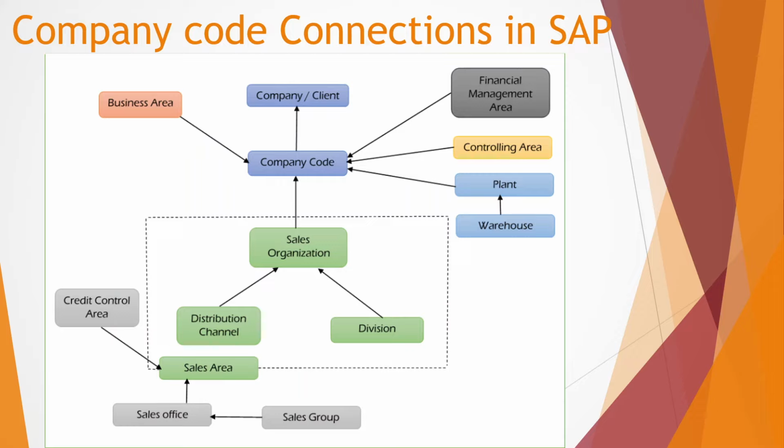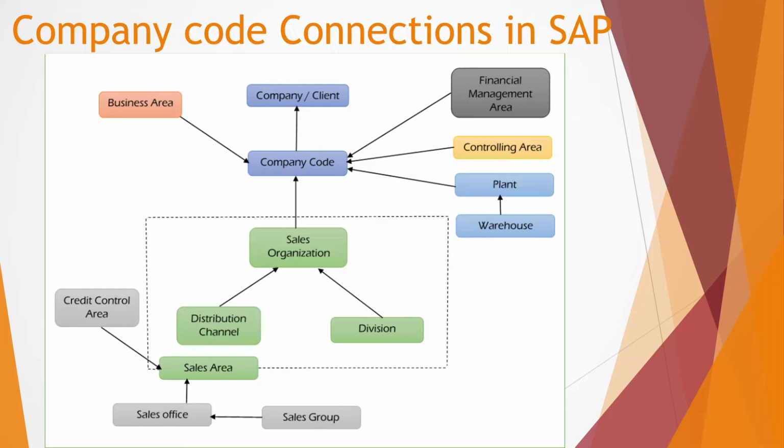Now let us understand how many different kinds of relationships a company code shares with all other organizational components or organizational elements. Look at the picture and you will understand how many relationships a single company code can have in the SAP system.